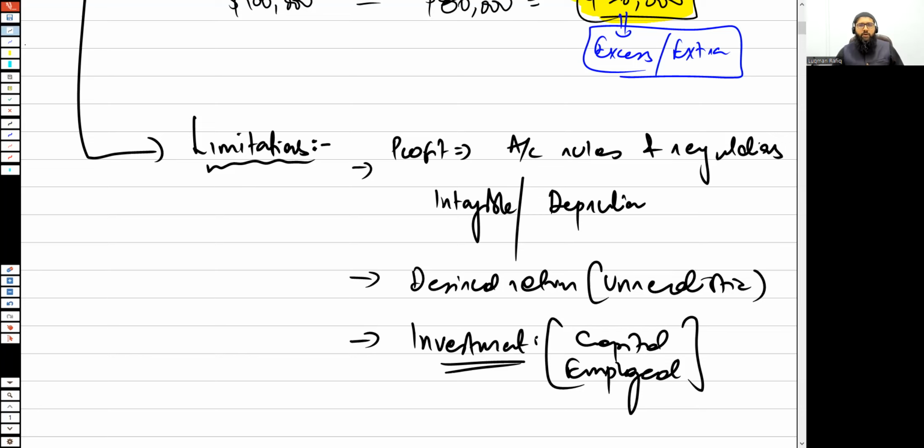And whenever we talk about capital employed, it keeps changing depending upon what has been capitalized as per the accounting rules and what has not been capitalized. So again, it is also impacted by the accounting rules and regulations. That's what happens with respect to capital employed also.